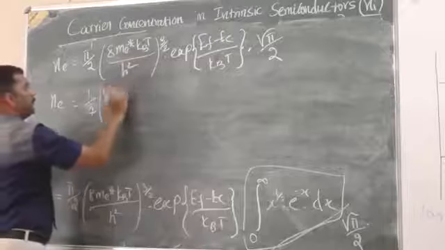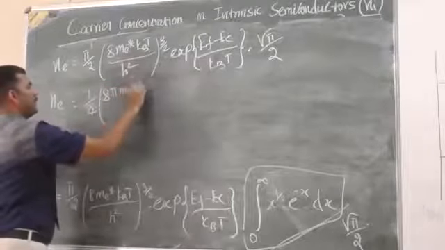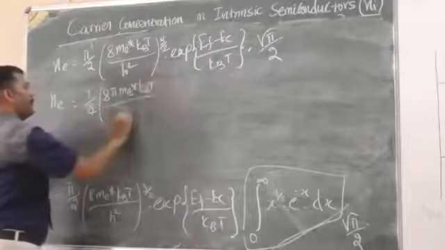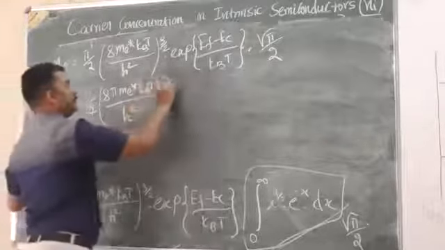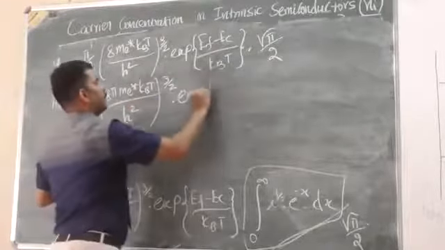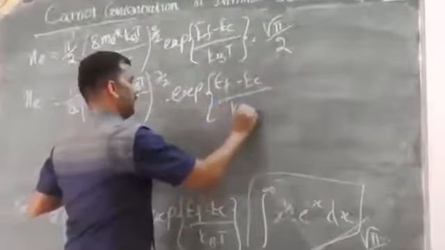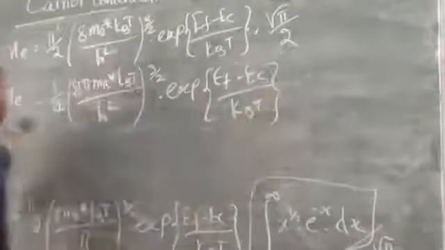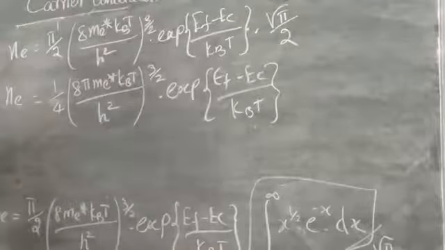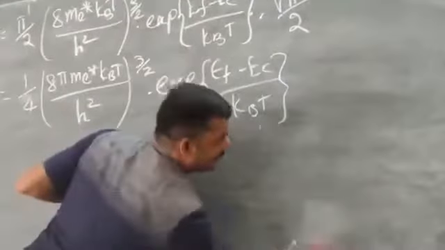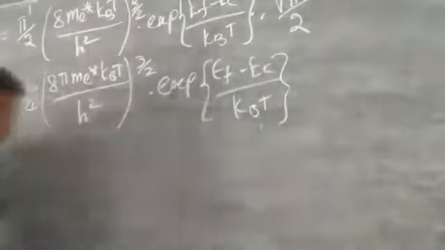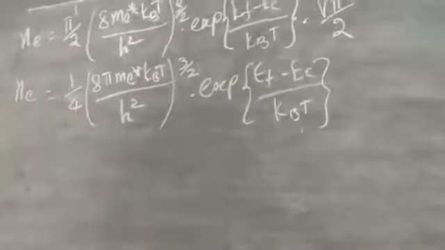So 8 by m e star kBT by h squared whole power 3 by 2 into exponential of (EF minus EC) by kBT. Right. So this is our final equation for the number of electrons in the conduction band for an intrinsic semiconductor.